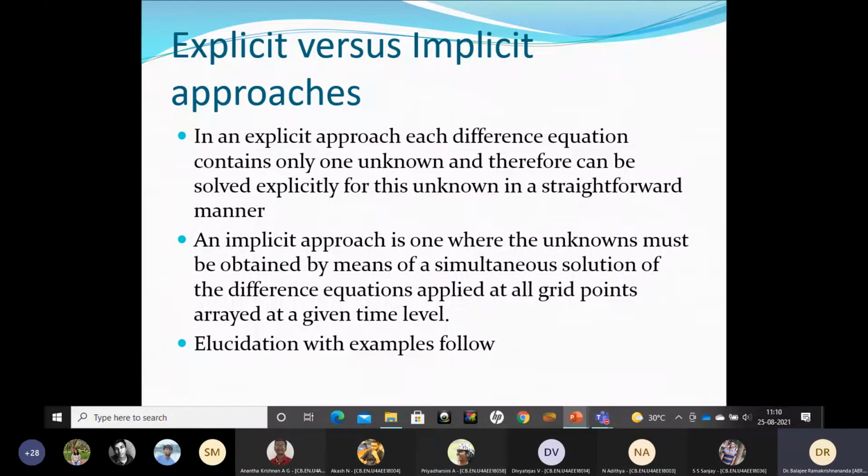But the implicit approach is one where the unknowns must be obtained by means of a simultaneous solution of difference equations applied at all grid points at a given time level. For example, phi i comma j at n plus 1 needs the value of phi i comma j plus 1 at time n plus 1 on the right hand side, which is not known now.